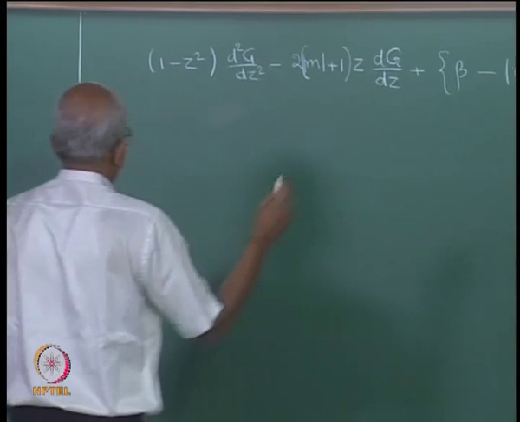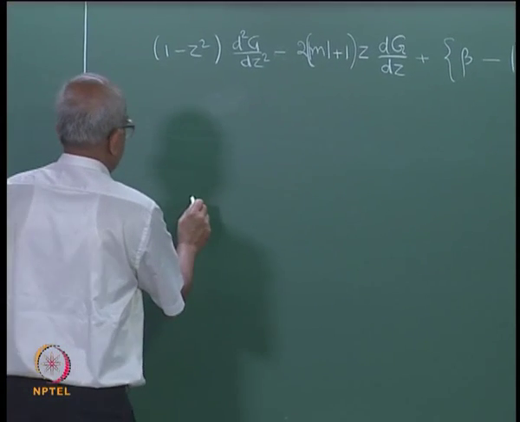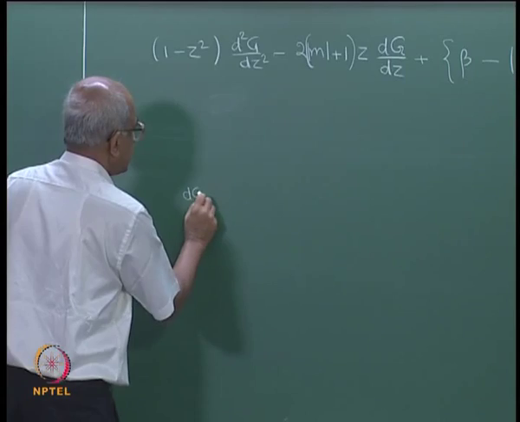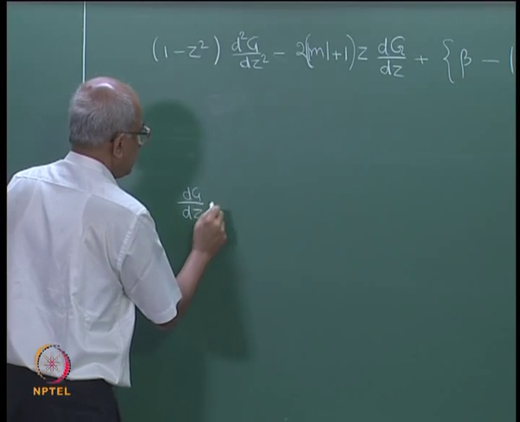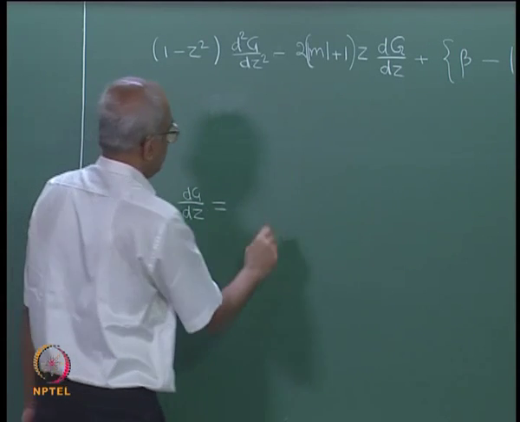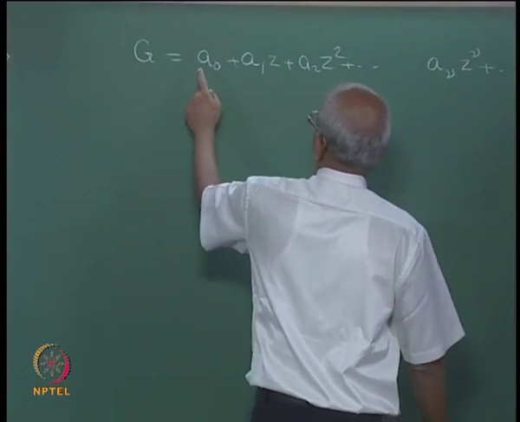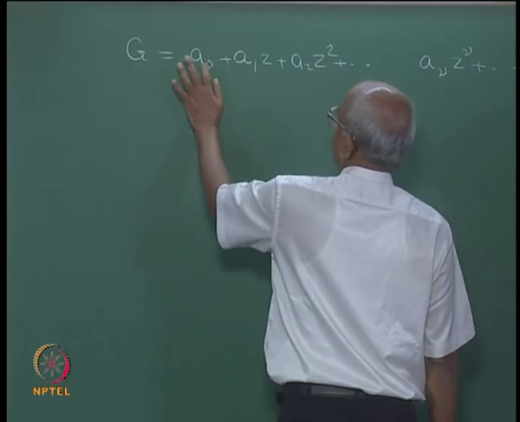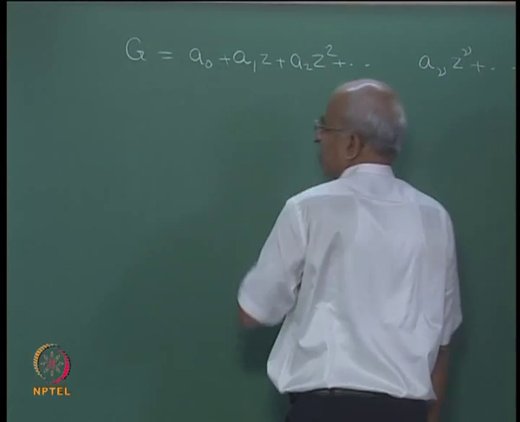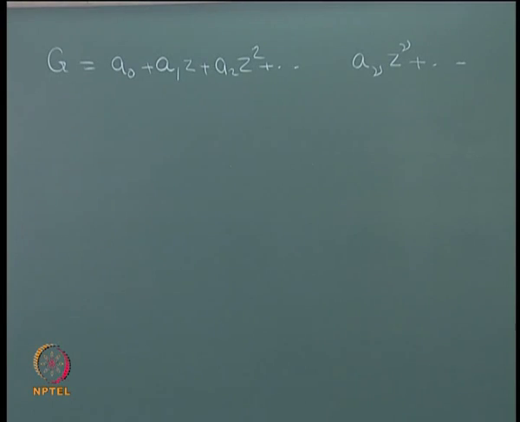So now let me calculate the first derivative of G, dG by dz. If you differentiate with respect to z, obviously A0 will vanish and you will have the first term as A1.